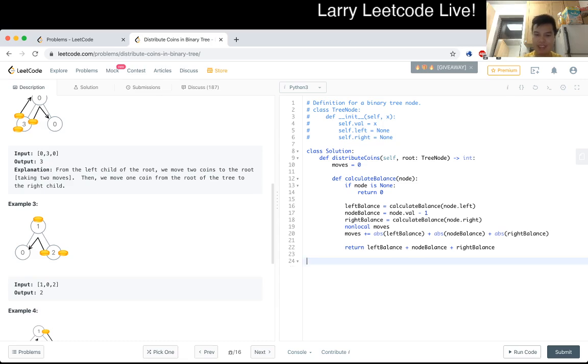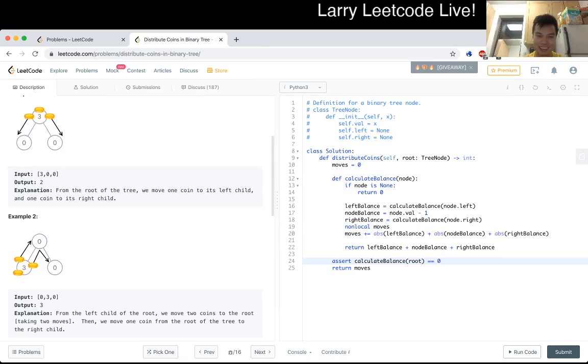Okay, let's try it out. Balance root, and then return moves. So calculate balance of the root should always be 0. We could even assert that maybe. Let's play around, at least in the test cases.